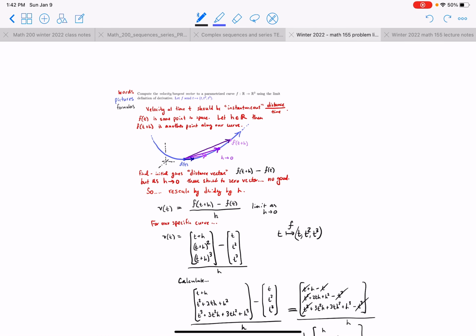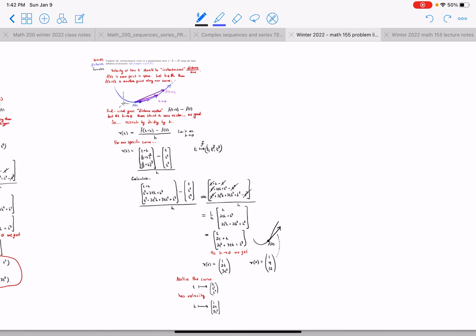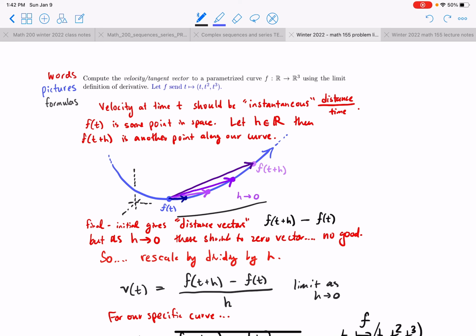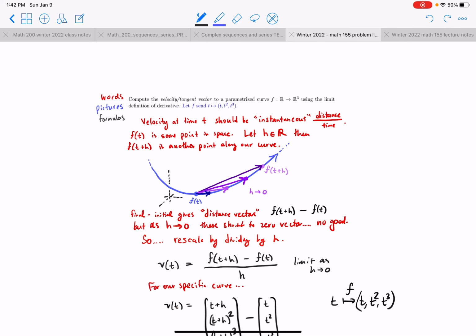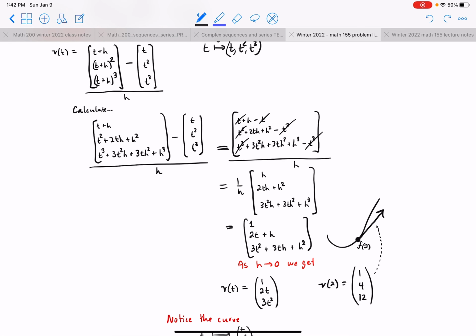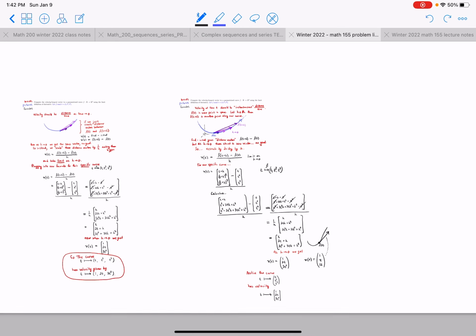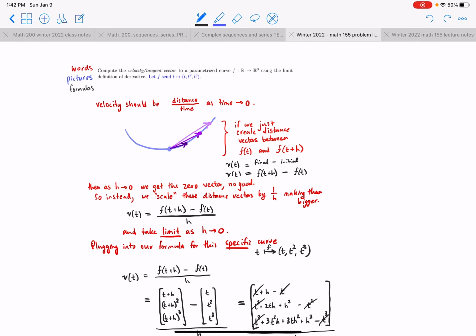Okay, so when you're studying, you need to take out a blank sheet of paper and try to recreate something like this. It should have words, it should have pictures that are correctly labeled, and it should have formulas and calculations like this. And this is a long question, but it's not that long. You can do it.